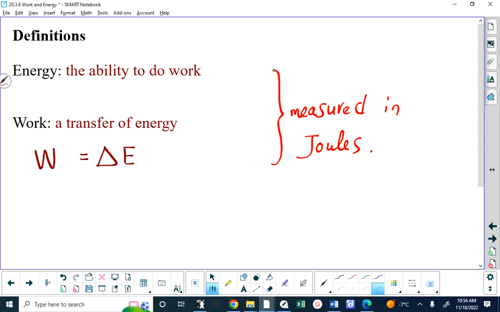If I say that when my car is in motion, it has 5 million joules of energy, and then I ask how much work I had to do to get the car to move that fast, the answer is I had to do 5 million joules of work. It's a subtle difference, but the work done is the amount of energy you give an object.